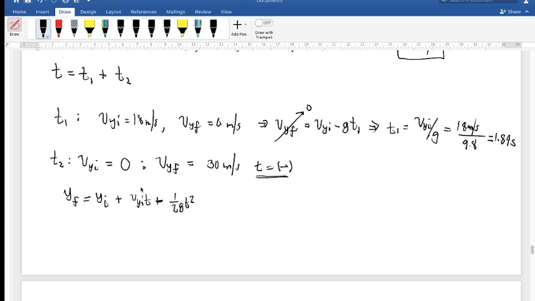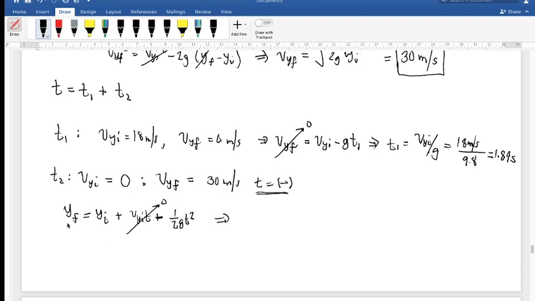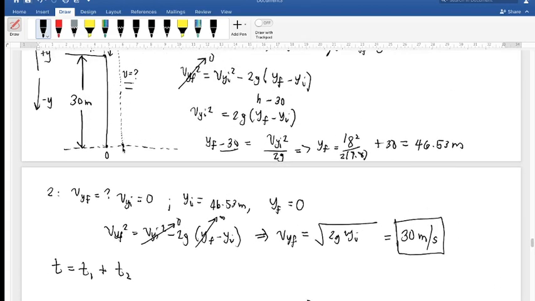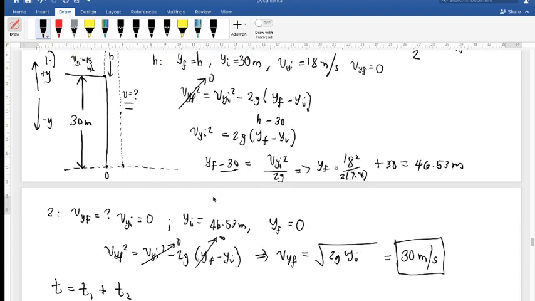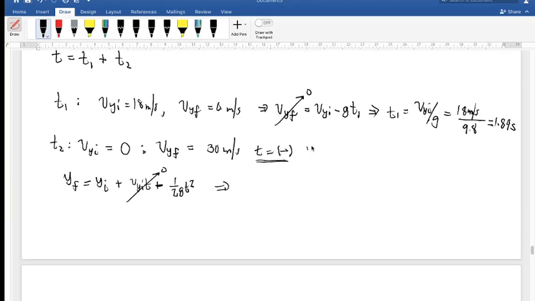So yung initial velocity mo 0, so we can take that one as 0. How about your height? So yf mo, ang yf is 0. So ito yung yf mo, yung final position ng rock. Tapos yung yi is actually the maximum height, which is equal to 46.53. So yf is 0. Ito yung origin kasi natin, yung ground.